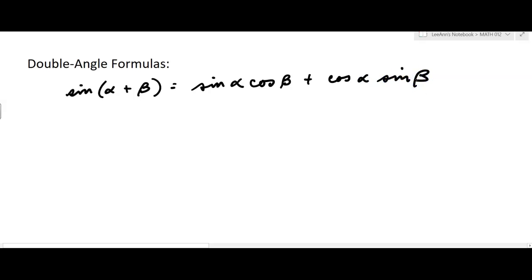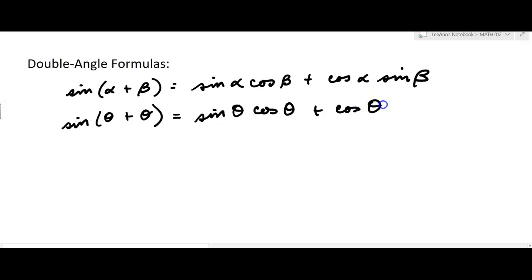And what we do is we say, well, what if we had sine of theta plus theta? So the angles were the same. Well, then that would give us sine theta cosine theta plus cosine theta sine theta.